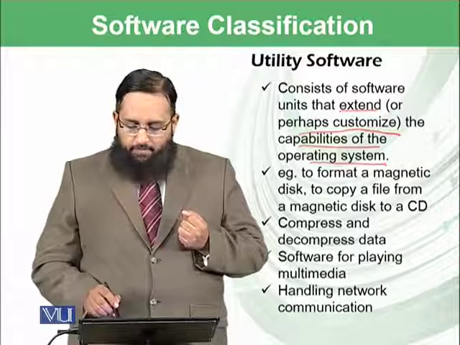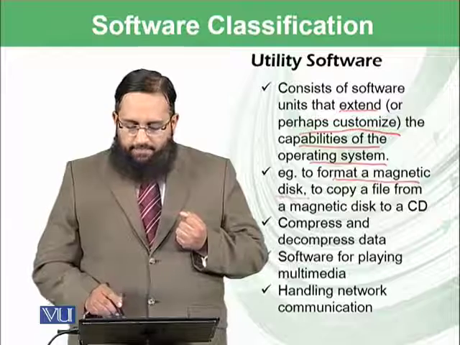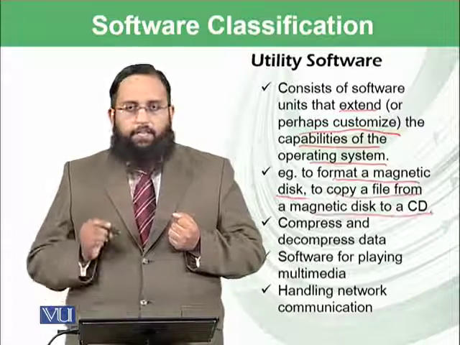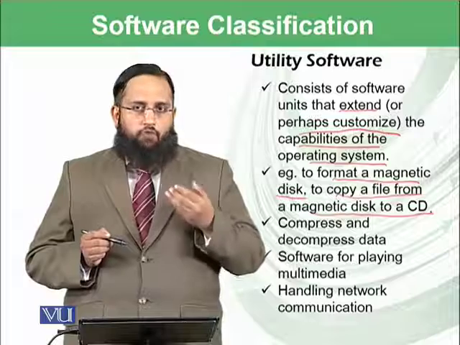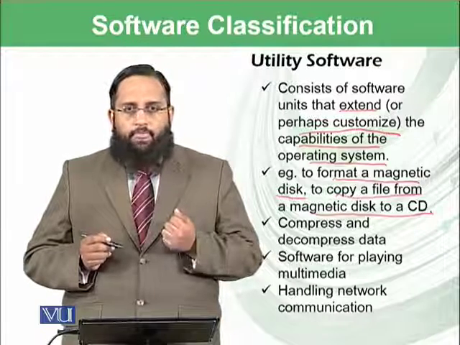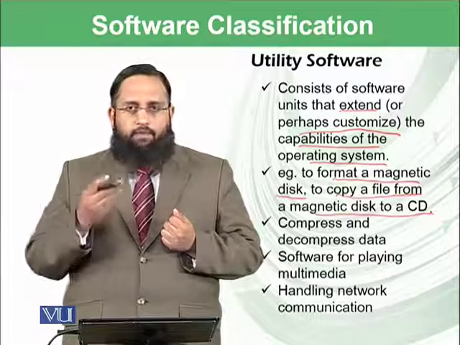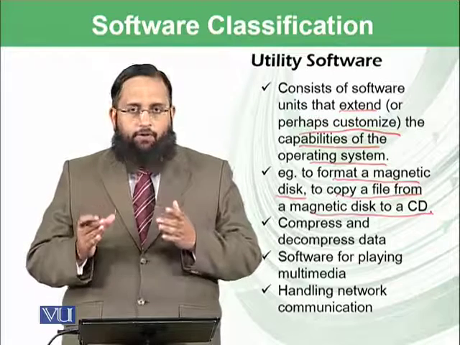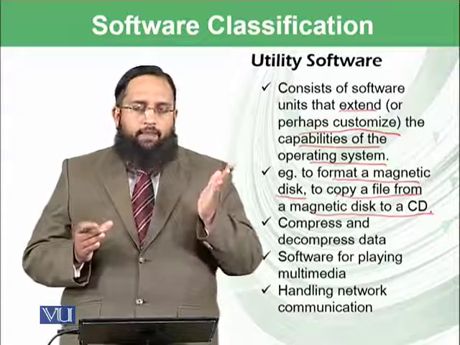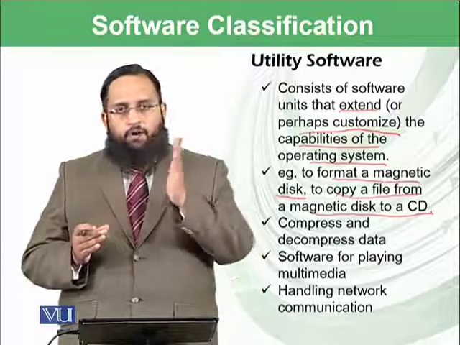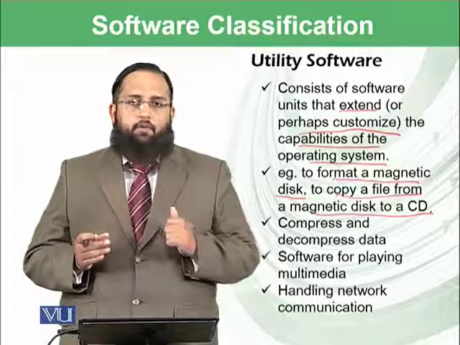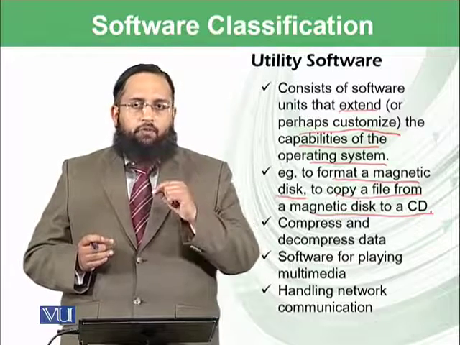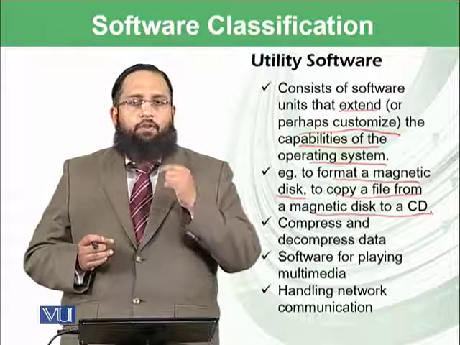For example, to format a magnetic disk, or to copy a file from a magnetic disk to a CD. Such software can be installed on your computer. If you purchase a DVD or CD drive in your computer and you want to copy a file from the magnetic disk to a DVD or CD-ROM, you need a particular software. Such software is known as a software utility.